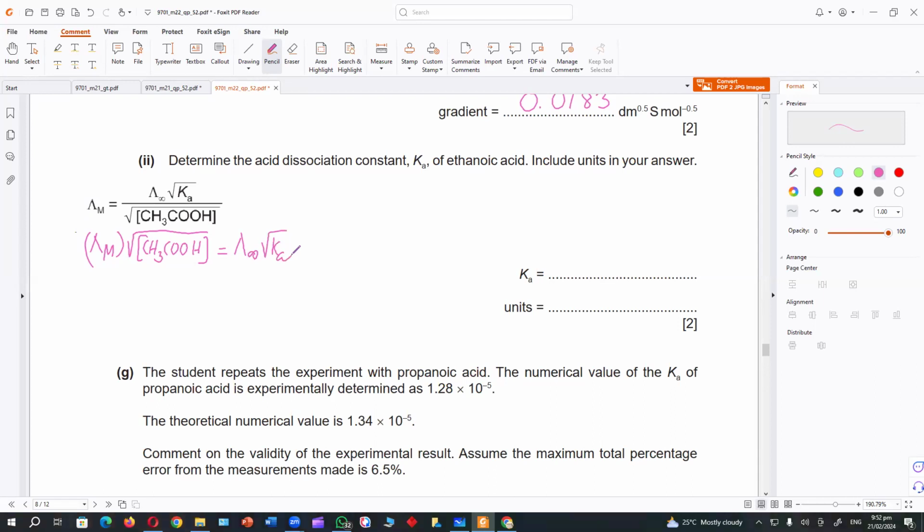Then I will try to convince the examiner that the left hand side of this equation is actually the gradient.